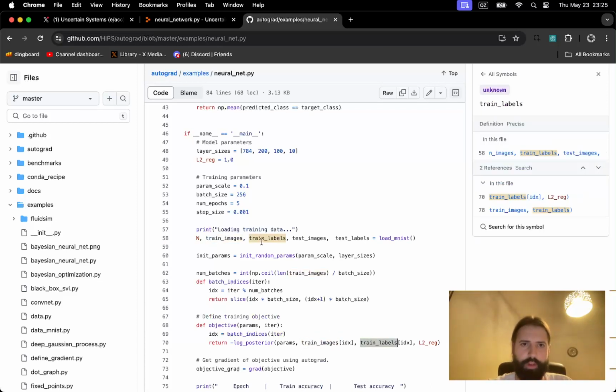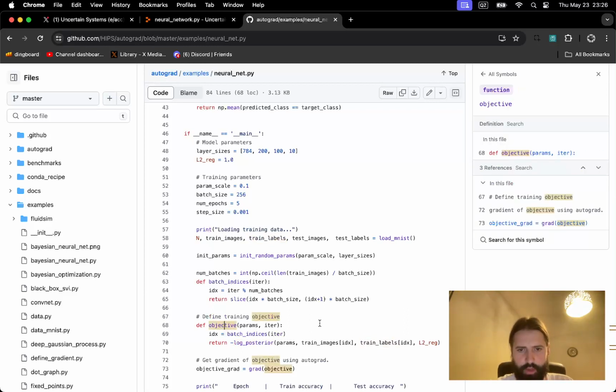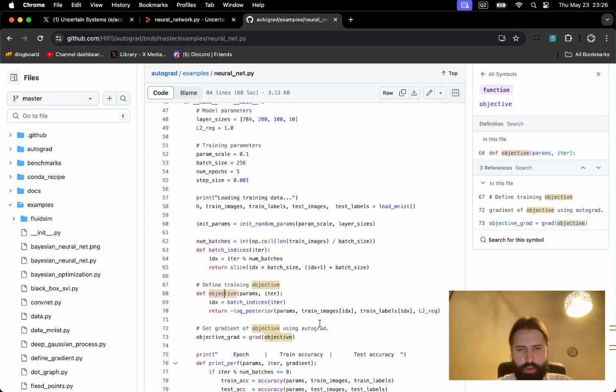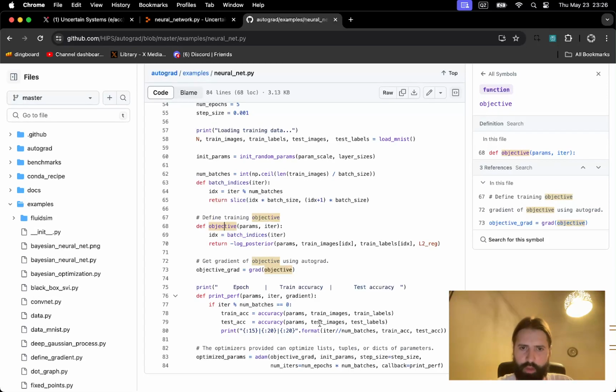It even uses stuff that is defined in here, objective and parameters. That's just a matter of design, but yes, it actually contains the whole thing.